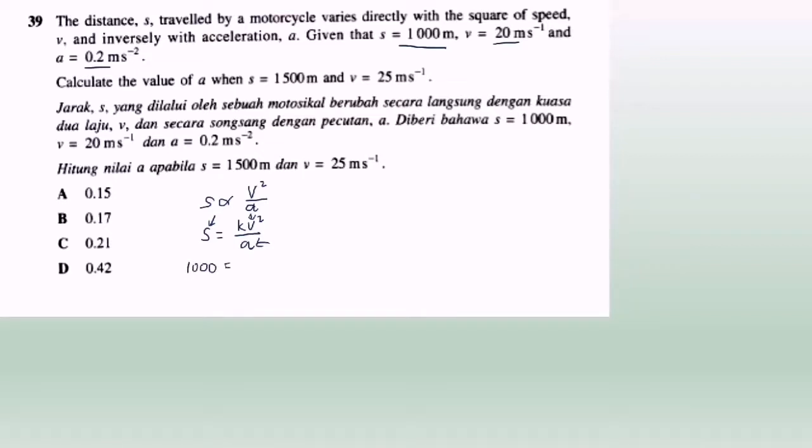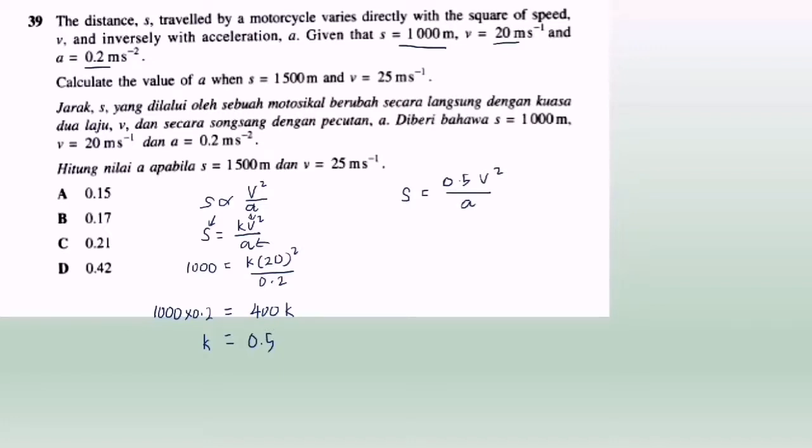1000 equals k times 20 squared over 0.2. 1000 times 0.2 equals 400k, k equals 0.5. Okay, so now we write the complete equation. s equals 0.5 v squared over a.